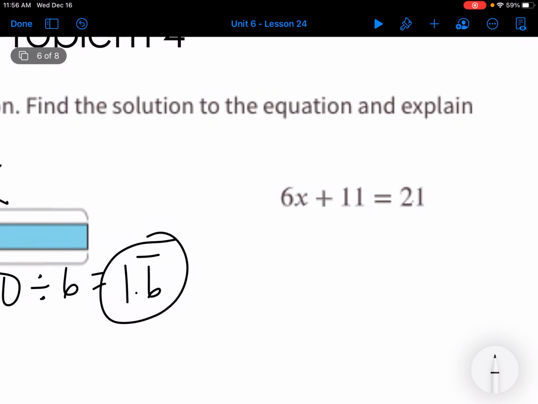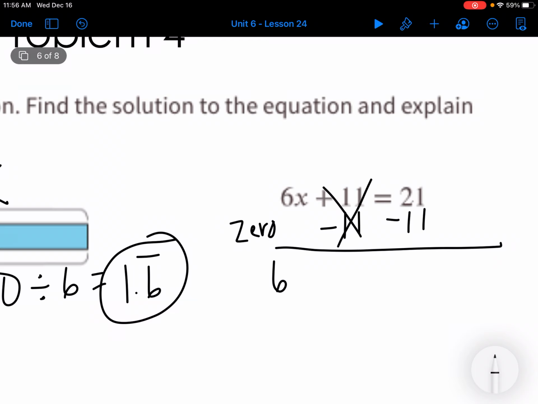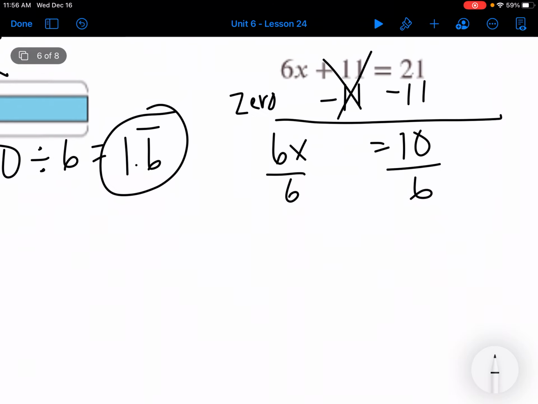Over here, I'm going to use my traditional way of solving an equation. So I'm going to subtract 11 on each side because I want to zero out. That's my goal every time. And I want to zero out on the side with the variable, so that leaves me with 10, and I divide by 6. This time I'm going to keep the fraction form just to make it easier on myself so I can kind of get an idea of what each one is worth.